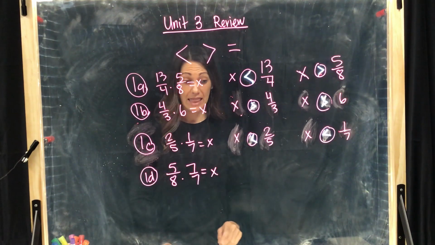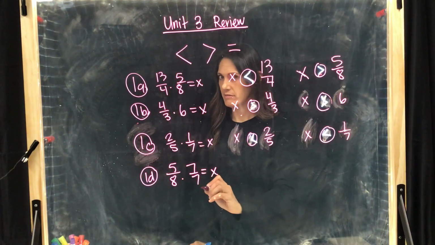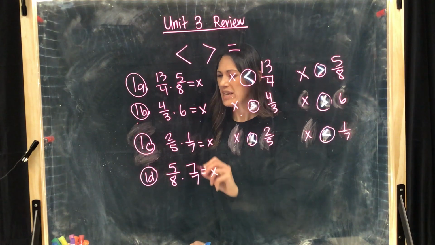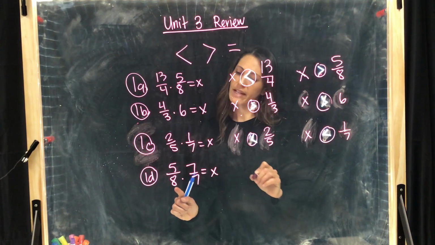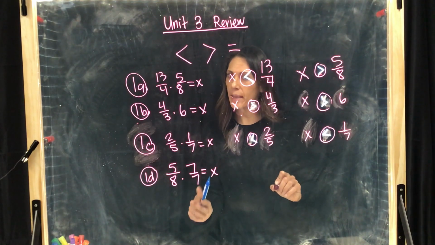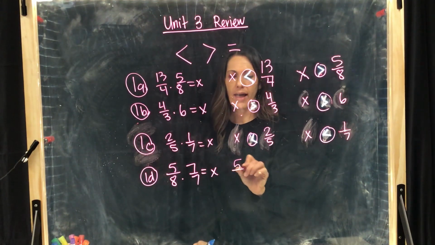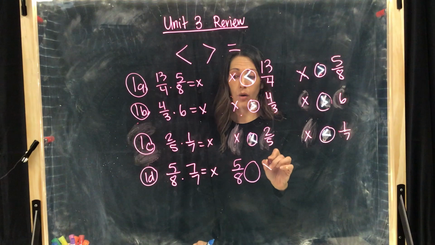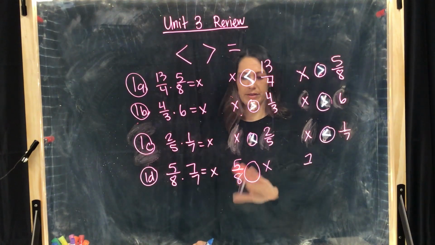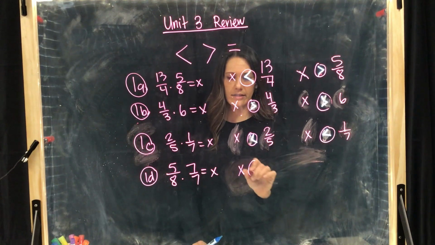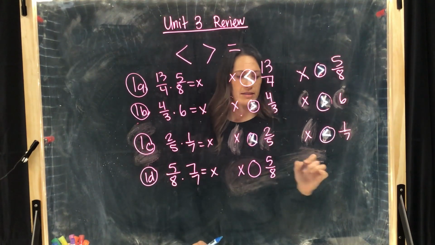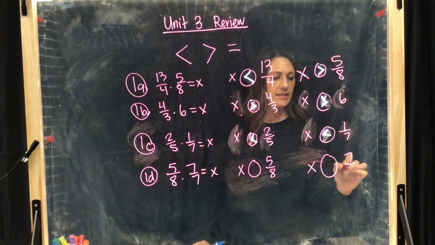Let's take a look at this last one. Again, don't let this fraction trick you. 7/7 is just a whole number, that's just 1. So I'm taking a fraction and I'm multiplying it by 1. Well, if I multiply anything by 1, oh, I did it again. X is going to go first. X and 5/8, x and 7/7.